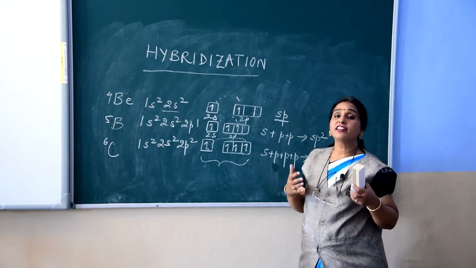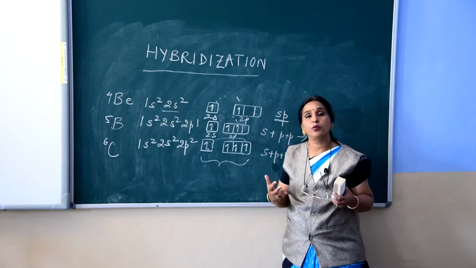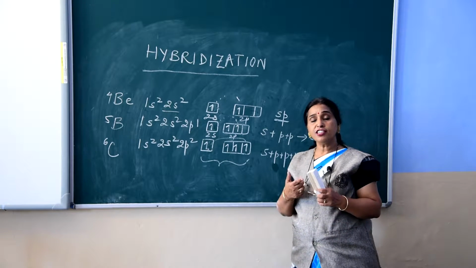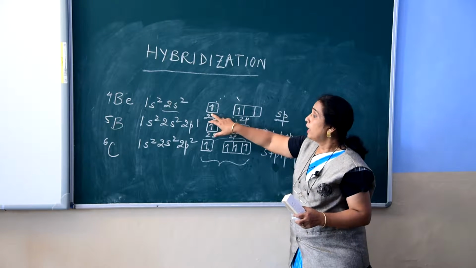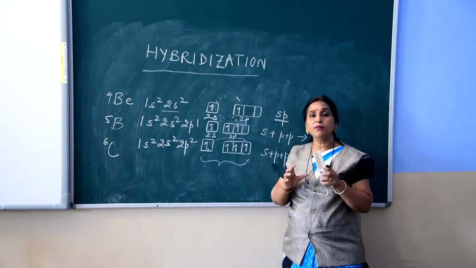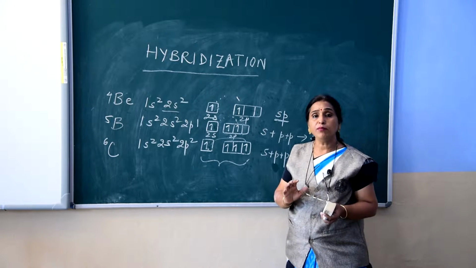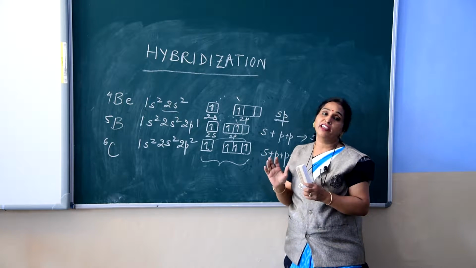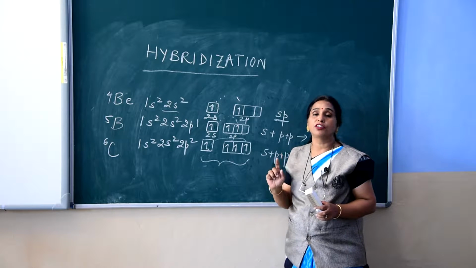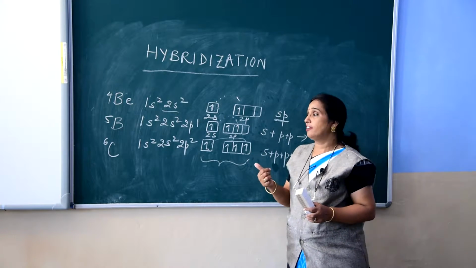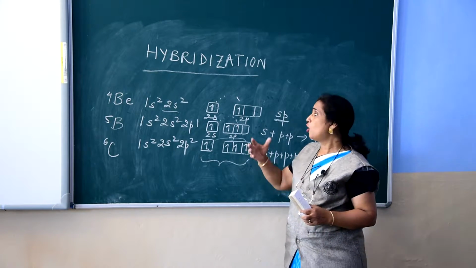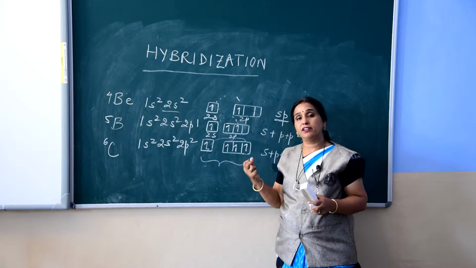So, what are the necessary criteria or conditions that we require in hybridization? Our first condition is that hybridization means the intermixing of the orbitals which are having either same or almost similar energies. This is the first important criteria. The second criteria, how many resultant hybrid orbitals are formed.